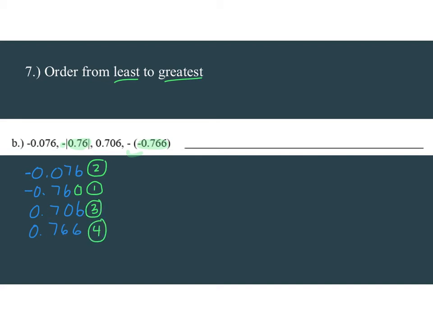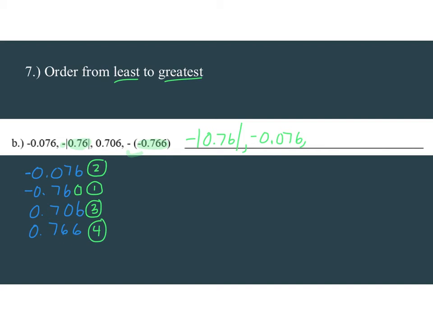Okay, so now we're going to go ahead and rewrite it, but make sure that we write it in the original format. So our smallest number was written as negative absolute value of 0.76, comma. Our next one was written, we didn't have to do anything to that one. It was the first number, 0.076.